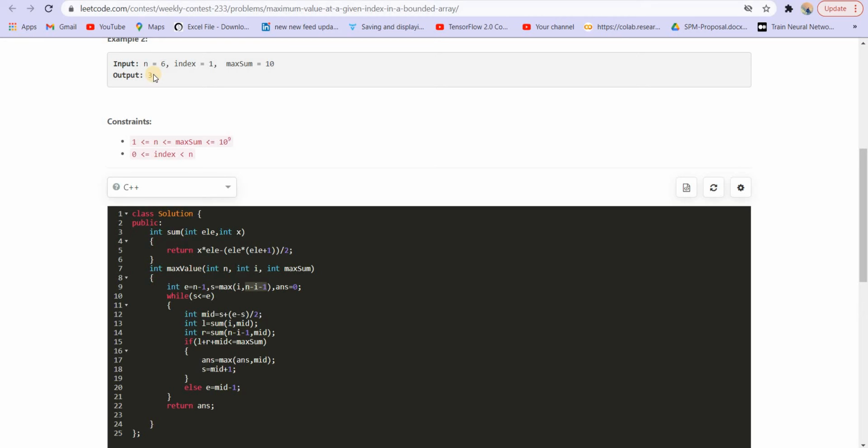So I can reuse the numbers as well. Yeah, I got it.